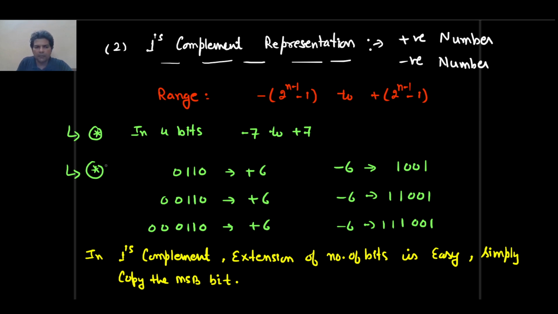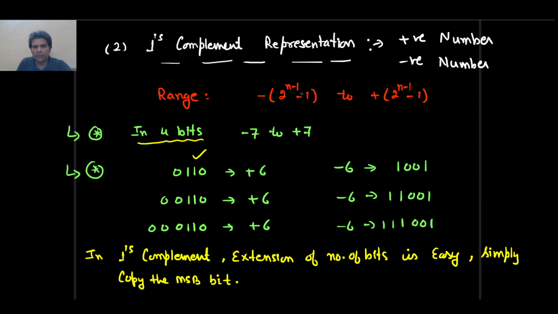Let's say for example this one is plus 6: 0, 1, 1, 0. According to the range, in 4 bits, what is the range? Minus 7 to plus 7. So only minus 7 to plus 7 we can represent in the ones complement representation.